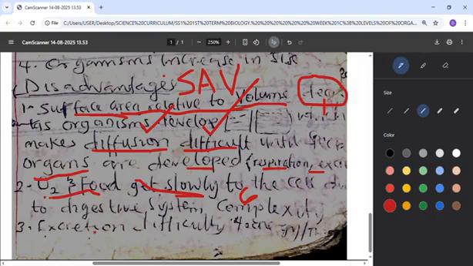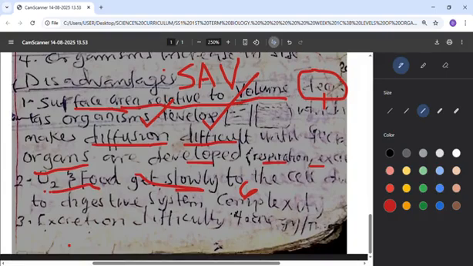So the last one is excretion. When you look at excretion, it's difficult in complex organisms. That means imagine for a man to defecate, it takes a longer time for the poo, which is the feces, to come out. Unlike that of small organisms, which is just for them to compress their body and the waste gets out of the body.